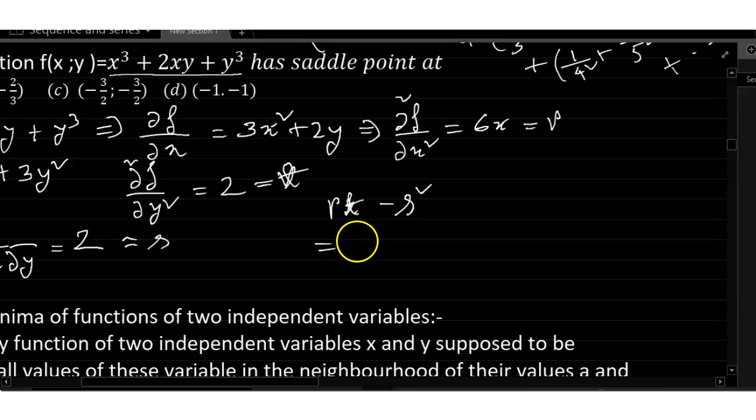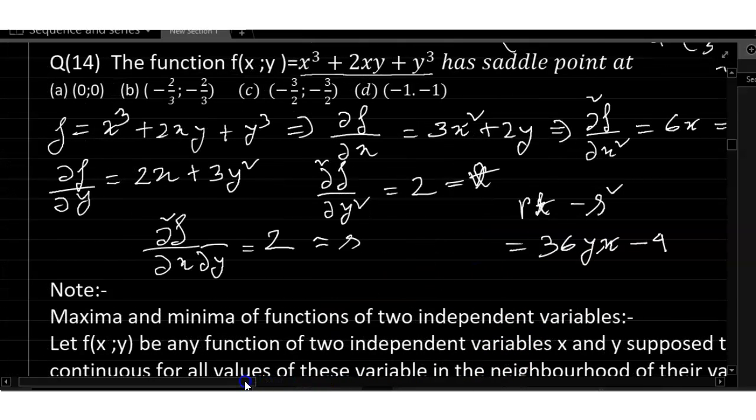Rt minus s square is 36xy minus 4. Now we will check the option which satisfies that it should be a saddle point. When the point is a saddle point, rt minus s square should be less than 0. So first option, when we put 0 comma 0, then it is less than 0. So first option is correct. If rt minus s square is less than 0, then it is a saddle point.